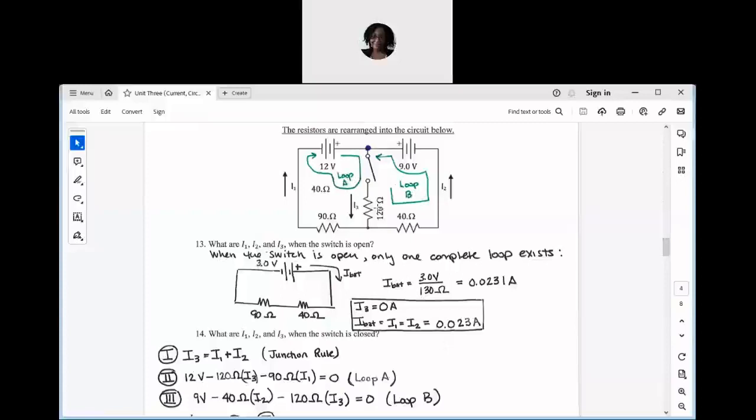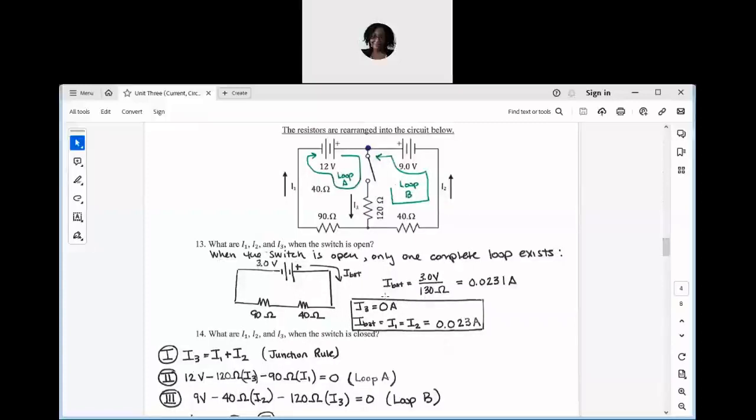If the directions disagree, it would be a positive. We don't have an example of the directions disagreeing here, but if you look at the solved problem from our class notes, Fundamentals of Circuits Part 2, we did have an example where we had to treat a potential difference as a positive. So getting back to this, we have loop A sorted.